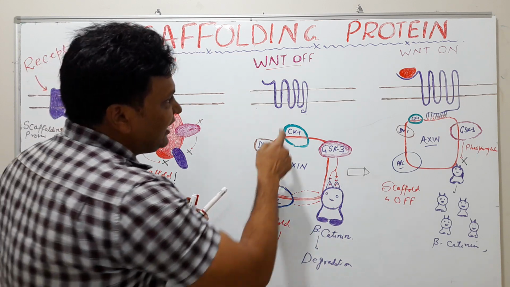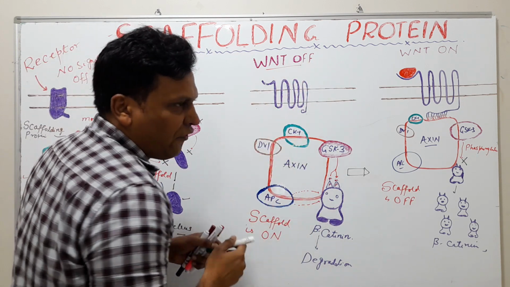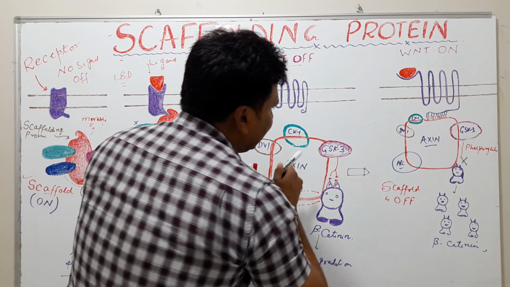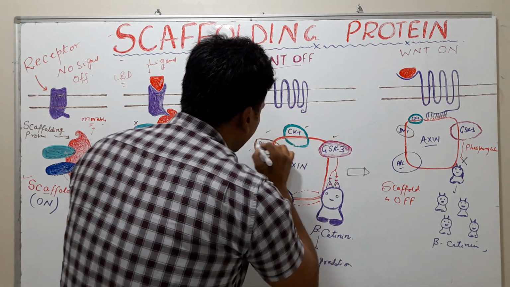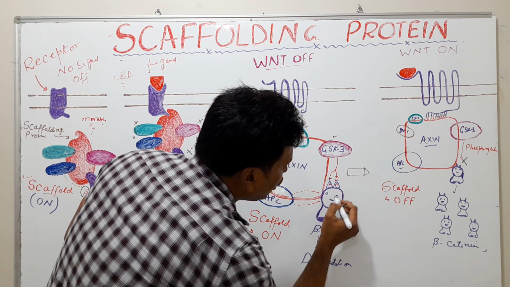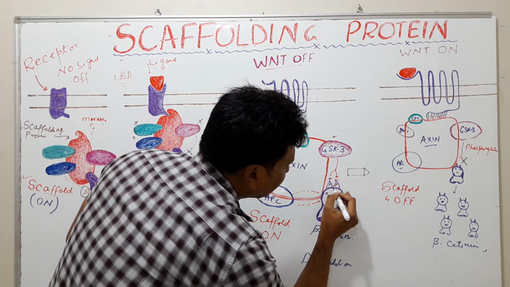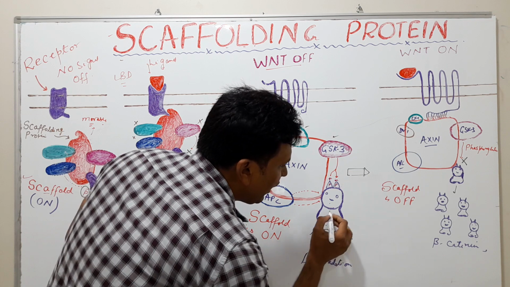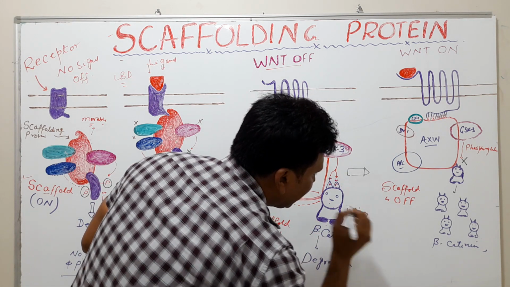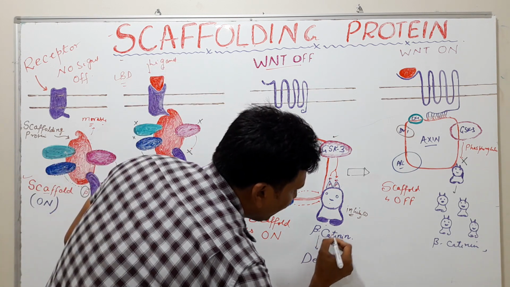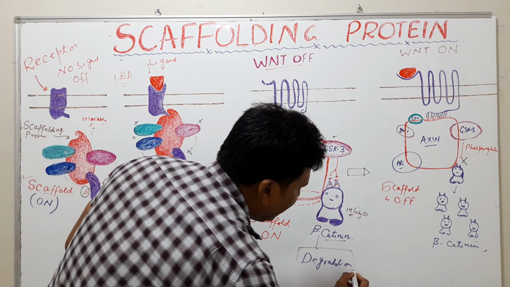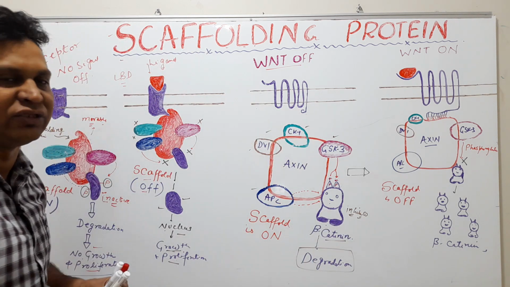When there is no signal, WNT is off, then these kinases are active, and these kinases phosphorylate this catenin molecule. Phosphorylation puts phosphate on this catenin molecule and it is kept inhibited. When it is phosphorylated, this beta catenin molecule undergoes the degradation process.